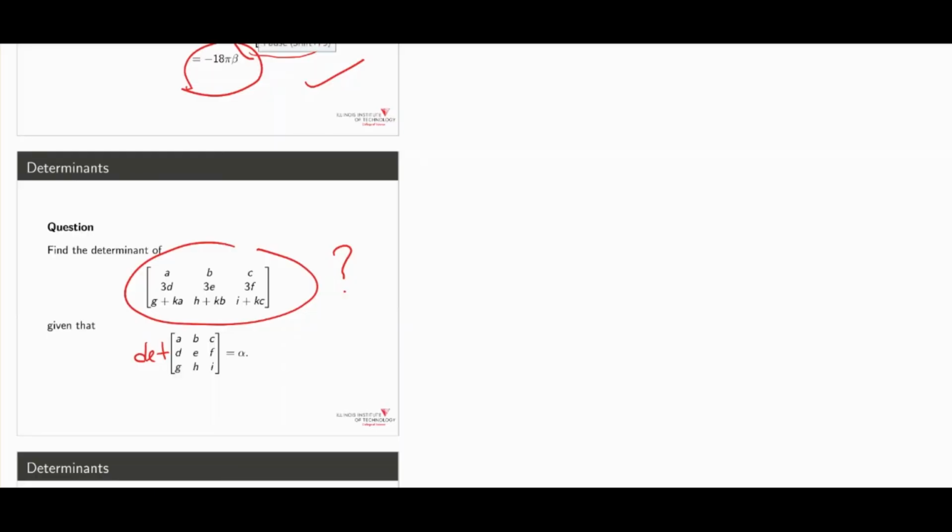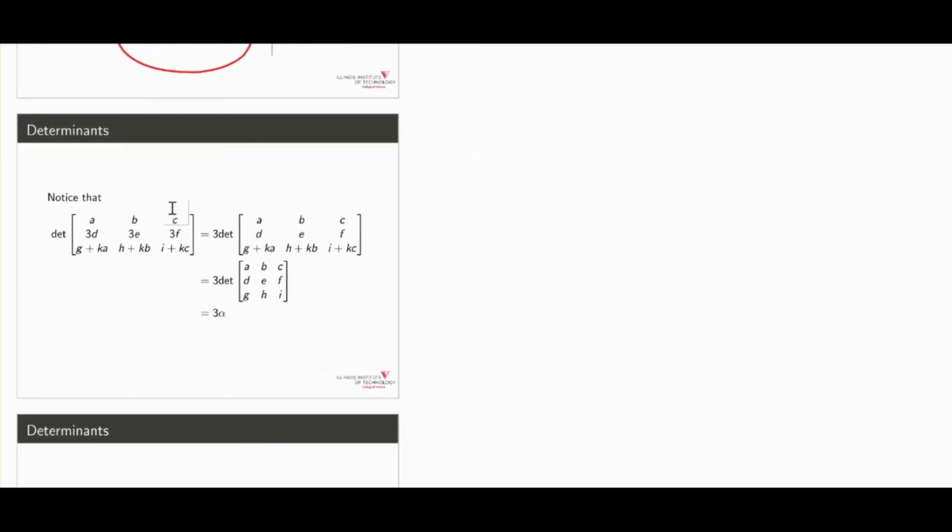All right, welcome back. Let's review the solution for this problem. Again, the determinant of this matrix is given as alpha. The question is, what is the determinant for this matrix? And as you can see, there is a 3. So we can factor out the 3, one row at a time.